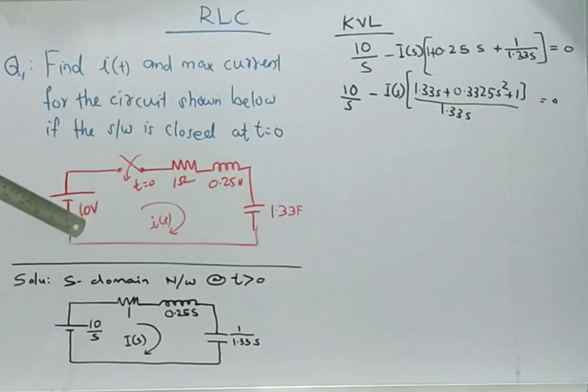In order to solve a DC transient problem, or any transient problem, it is convenient to transfer this time domain network into an S domain network like this.